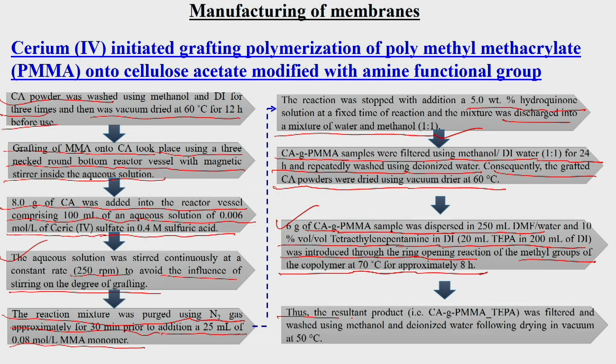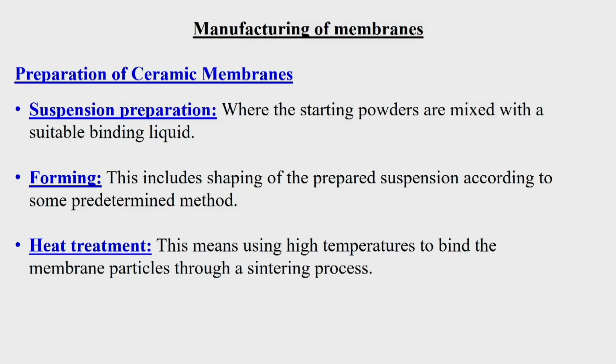Then the resultant product, that is CA grafted PMMA TEPA, was filtered and washed using methanol and deionized water, followed by drying in vacuum at 50 degrees Celsius. So, this type of polymeric membrane is formed for a particular application.